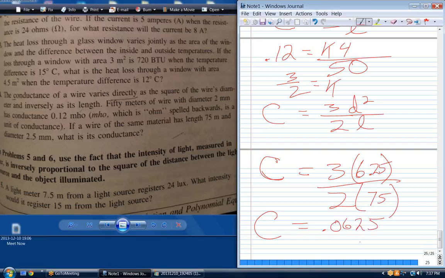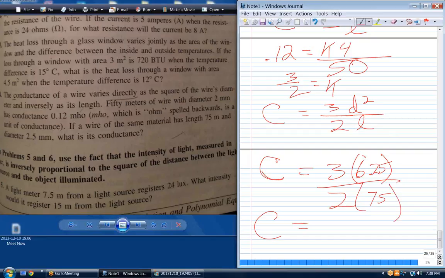Okay, so let's check and see if that is in the ballpark. Well, 6 divided by 75 is less than 10. Still doesn't look right to me. Do that multiplication again. 3 times 6.25 divided by 150. No, it's 3 halves. Oh, I did something wrong actually.